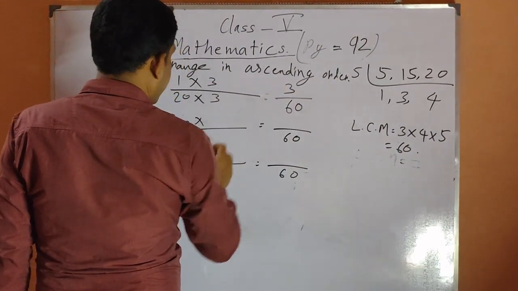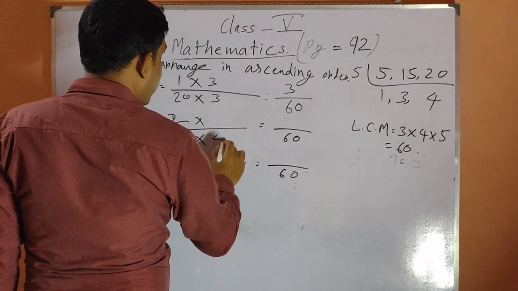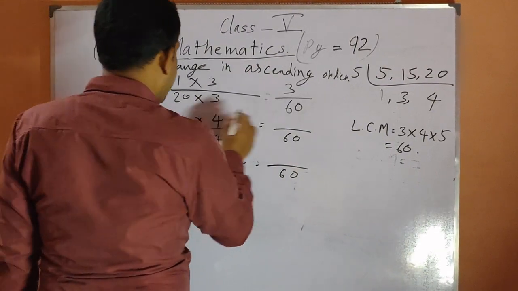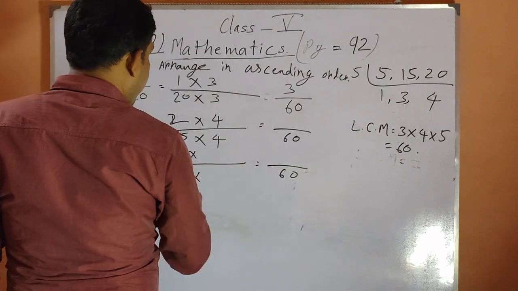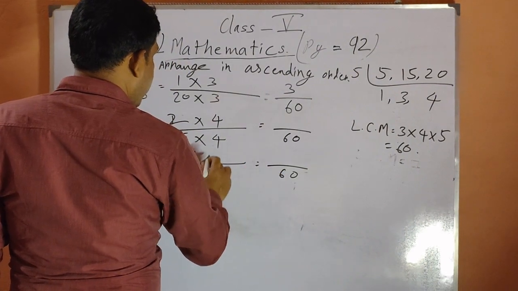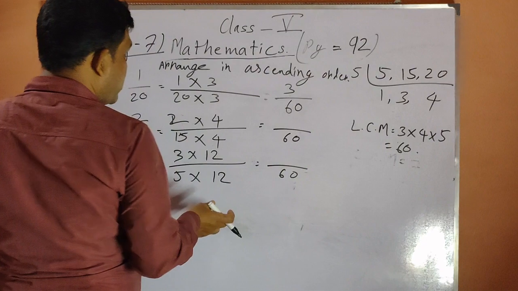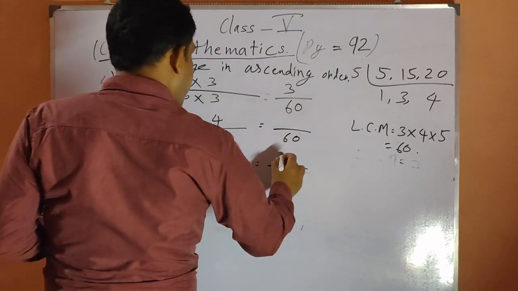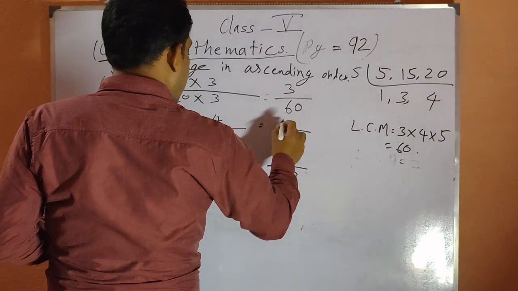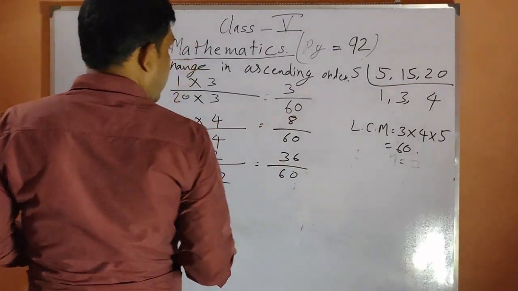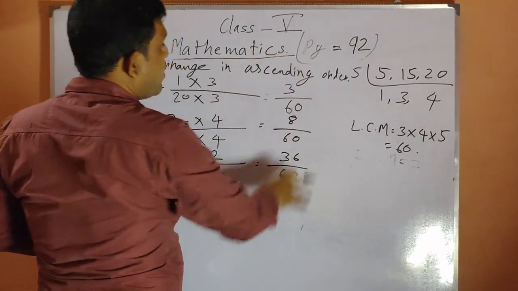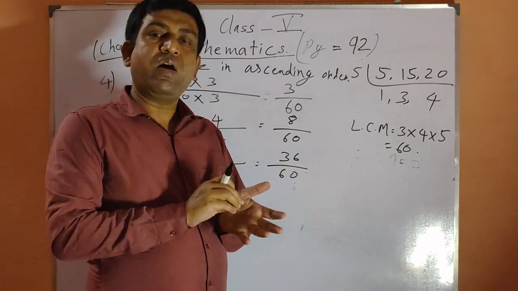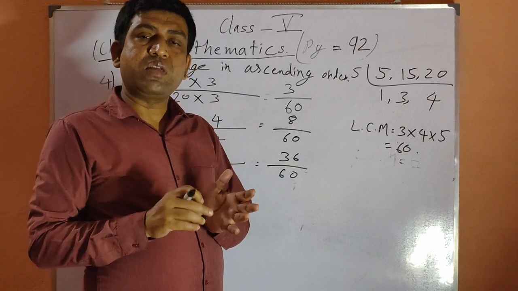Sixty divided by 15, 4, and 4 is multiplied with the numerator also. Now 60 divided by 5, you get 12. 12 is multiplied with the numerator also. That means 36, 8. From here you get which fraction is smaller and which is greater.